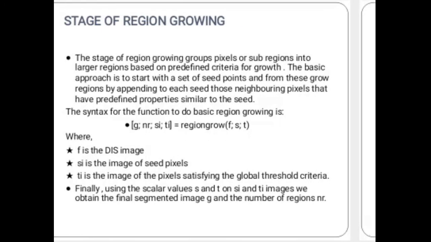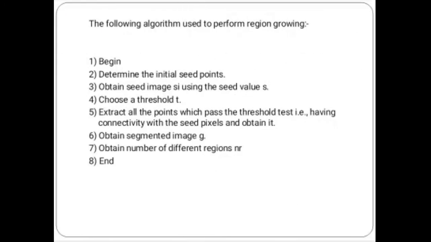Okay, so how this algorithm is done is, first you have to take the initial seed point and, from the obtained seed image, take the seed value, consider a threshold value and test whether the point passes the threshold test and connects with the seed pixels.